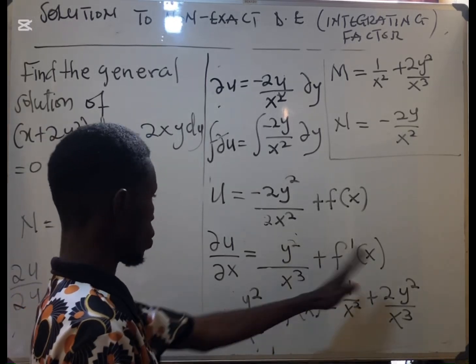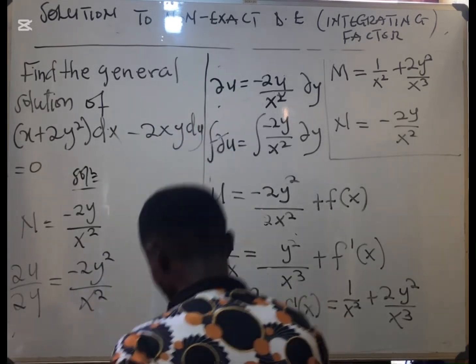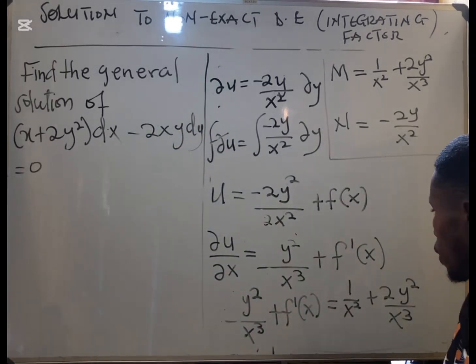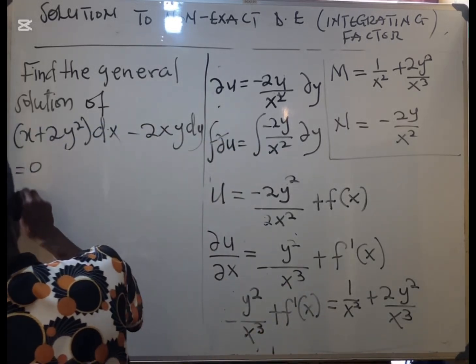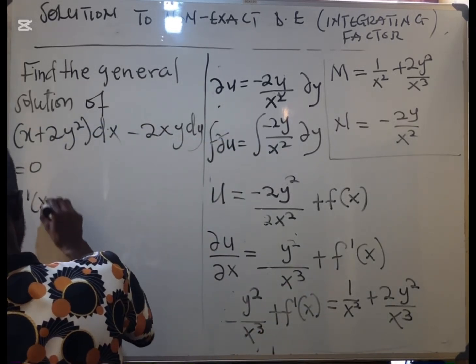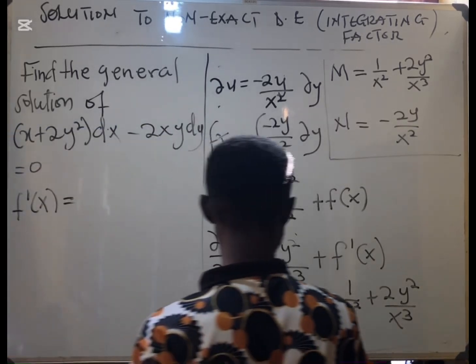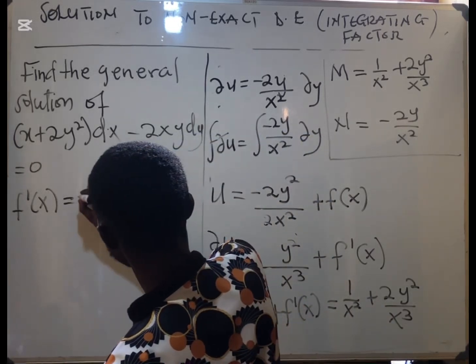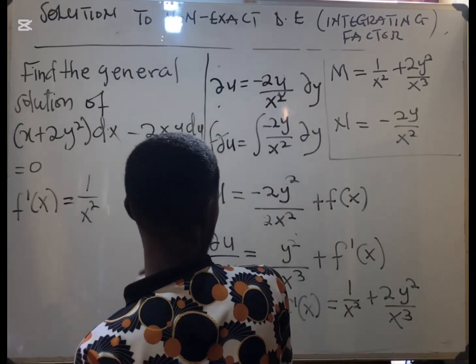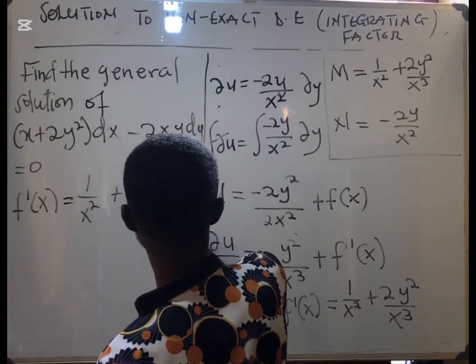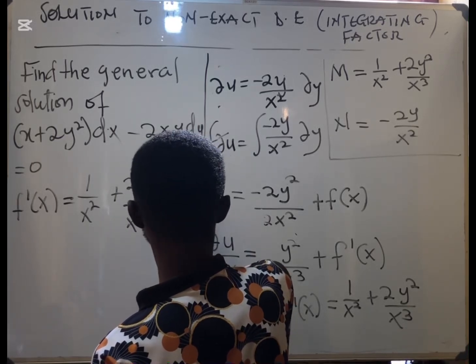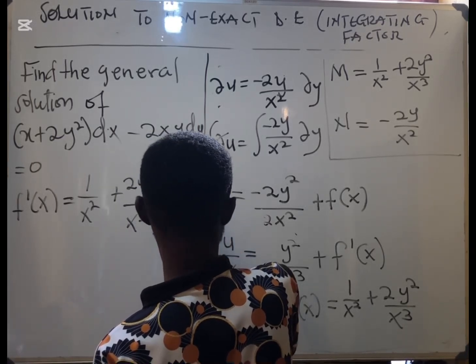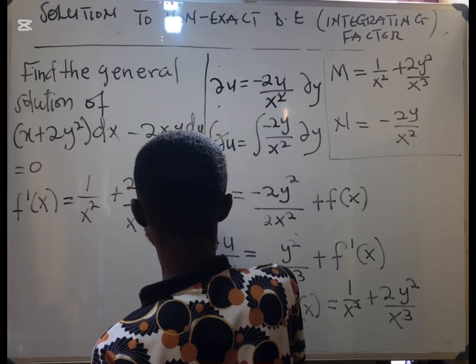So now let's send this one to this side. If I send this one here, I'm going to have f prime of x equals 1 over x squared plus 2y squared over x cubed minus y squared over x cubed.